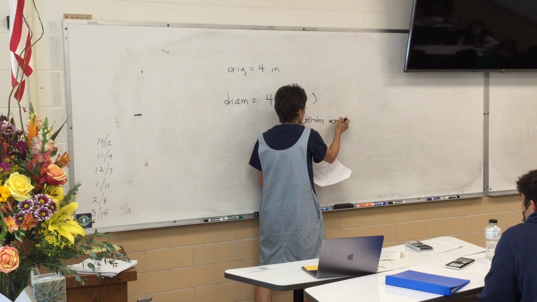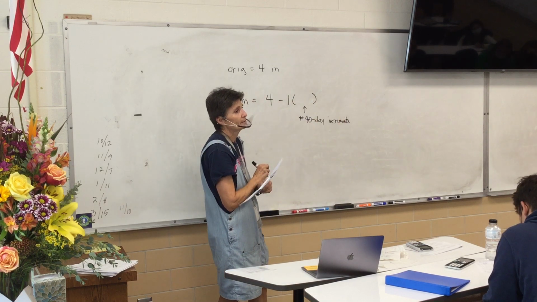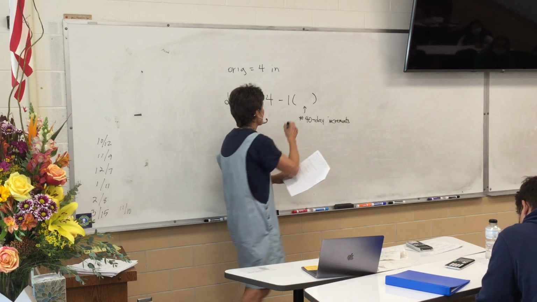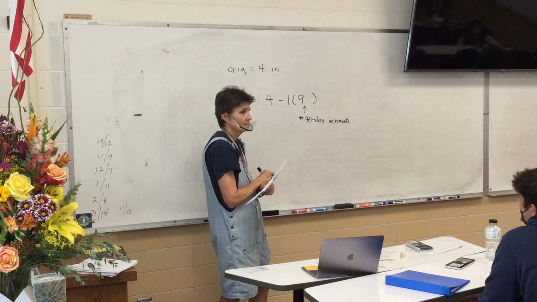Well, how many 40-day increments do we have? 9, because every 40 days, 360 days. Wait a minute, what's wrong with that? Yeah, something's wrong with my setup.